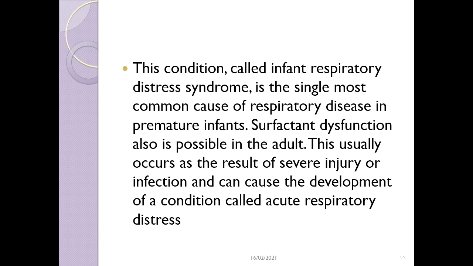So, infant respiratory distress syndrome occurs in premature infants, and acute respiratory distress can occur in adults due to severe injury or infection of the lung or the alveoli.